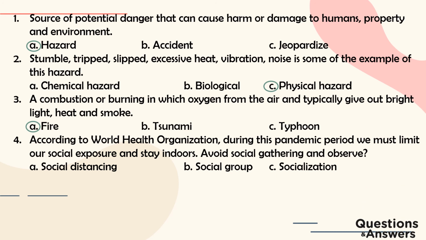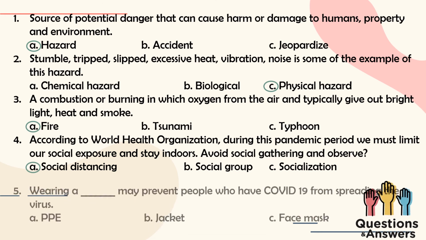Avoid social gatherings and observe blank. A, social distancing. B, social group. C, socialization. Okay, so the correct answer in number 4 is letter A, social distancing.